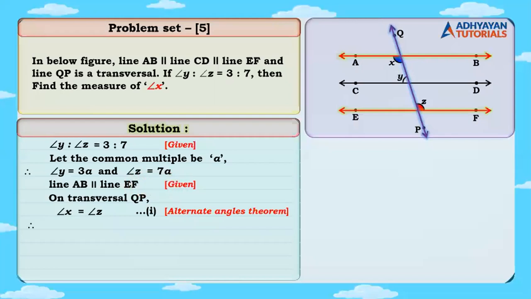So I'll write down X is equal to nothing but 7A. Now if you look at the figure, children, I already know the value of X which is 7A. I also know the value of Y which is 3A.